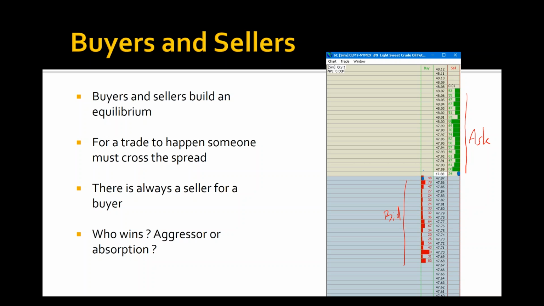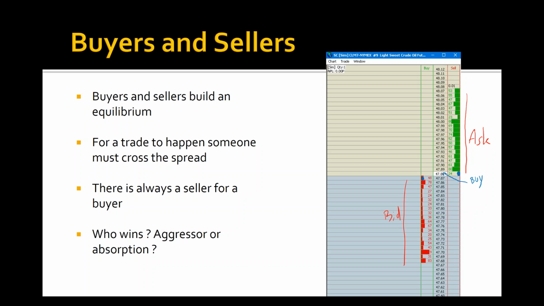So for a trade to happen, someone, an aggressive seller or an aggressive buyer, needs to cross the spread. If you want to buy, you have to cross the spread here, and you need to buy at 88. This will make you an aggressive buyer, okay?